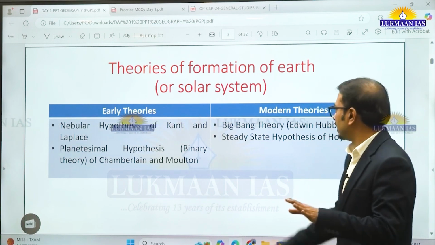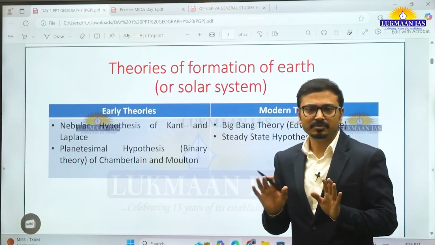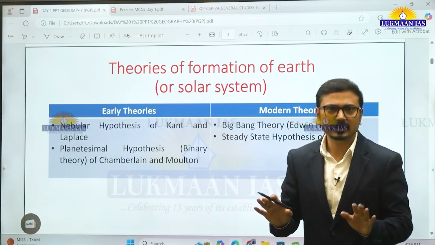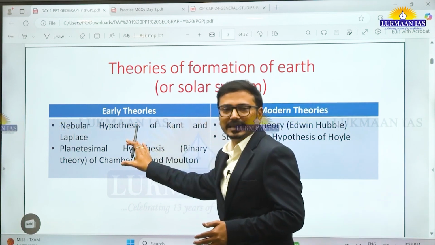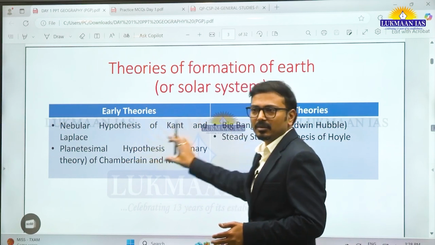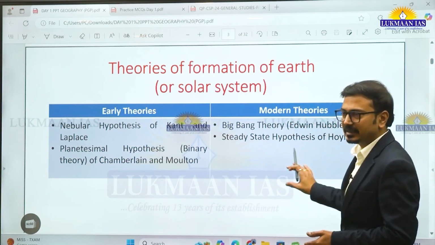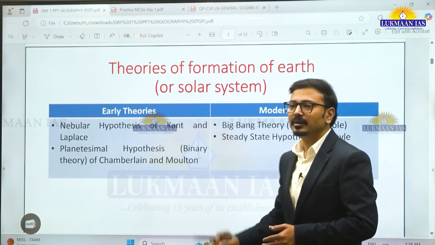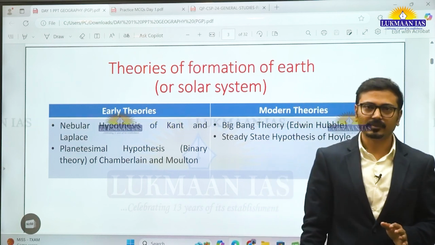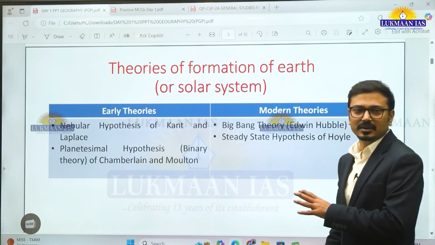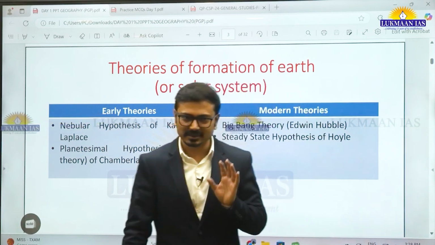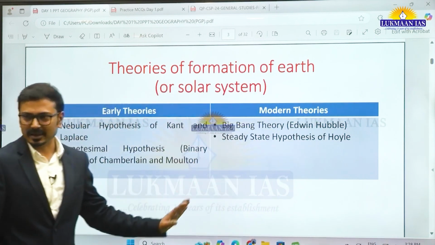UPSC will not ask about these theories. In the past also they have not asked about it. Why? Because these theories have been criticized by the modern theories, and the most accepted theory that we have today is the Big Bang theory. So UPSC will not ask the debated theories, they will ask the accepted theory even if they are asking.